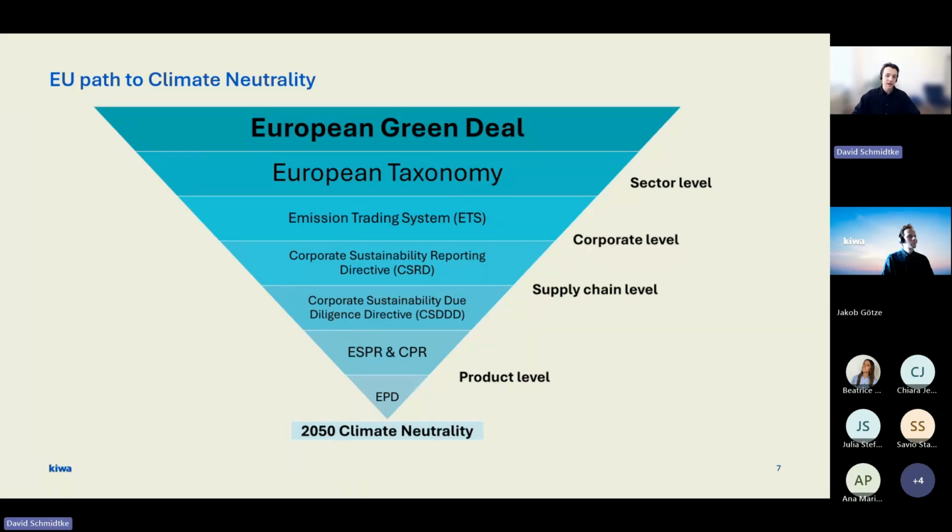Through the recently accepted Omnibus initiative, the number of companies that actually have to adhere to the CSRD has decreased. But even if this regulation, so the CSRD, currently does not directly apply to you, it probably applies to one of your big clients, which means that they would need your data, which means that you need a CCF.